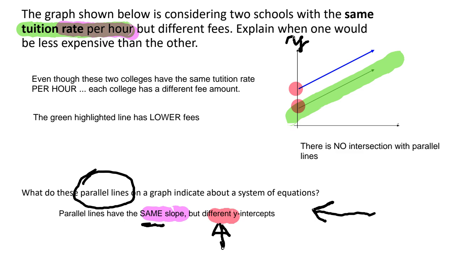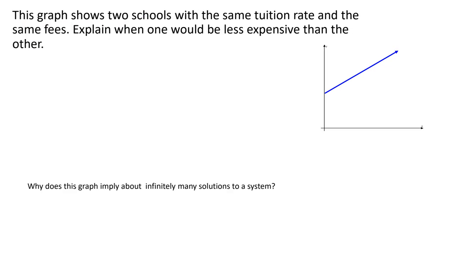Now, we're going to do something a little different. This is another part of the story, but they're going to change the scenario a little bit. Okay, the graph shows now. Notice the word. It's showing two schools. Now notice what it says. With the same tuition rate and the same fees.